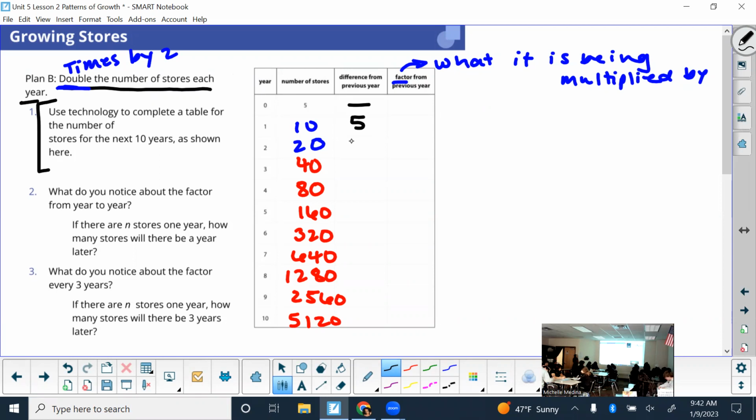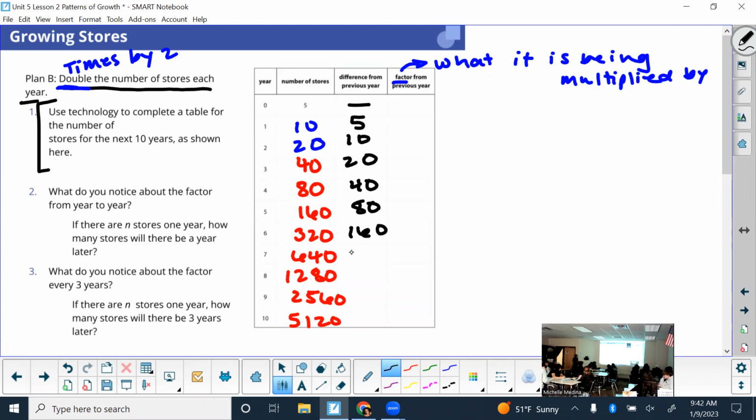What about in year 2? What's the difference? Year 3. 20, because 40 minus 20 is 20. Table 3, what will it be at year 4, the difference from the previous year? 40. Table 5. Table 4.